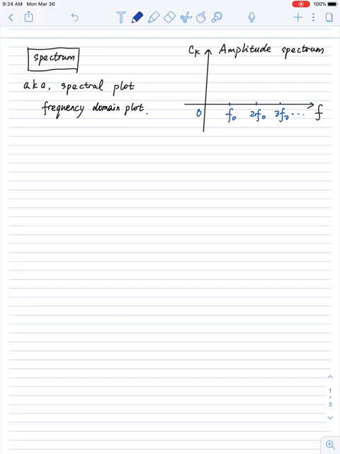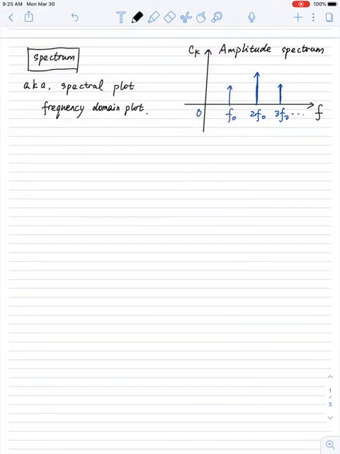And the value of ck can be obtained by computing the coefficients of the Fourier series. So we can represent ck as the following lines with an arrow. So this is a typical way to express the amplitude spectrum.